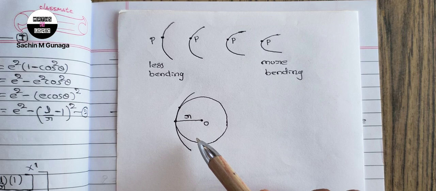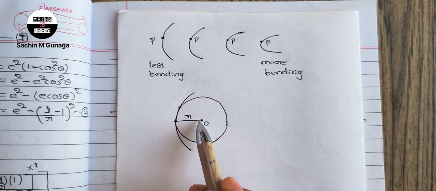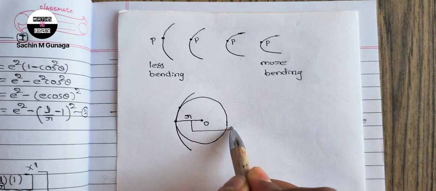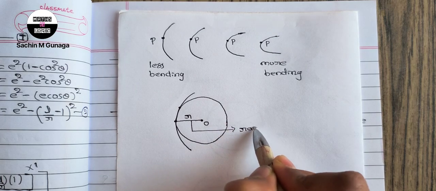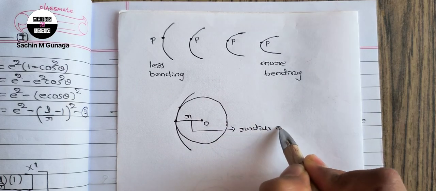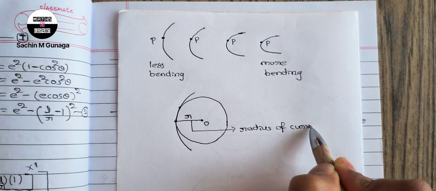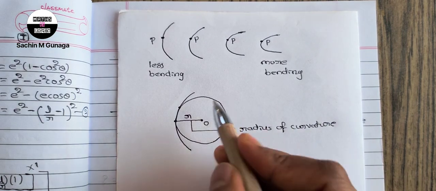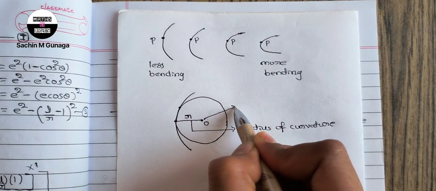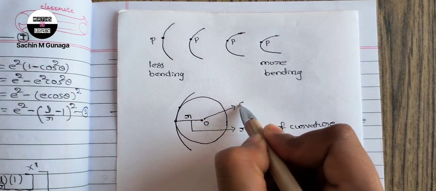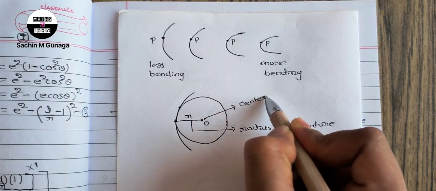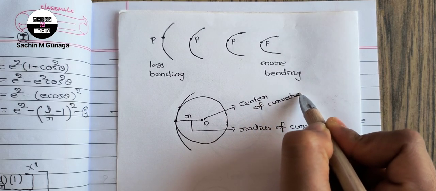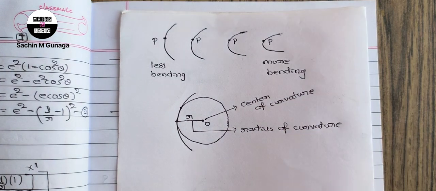That circle's radius we call the radius of curvature, and this center O we call the center of curvature.